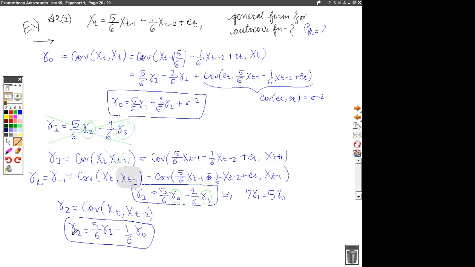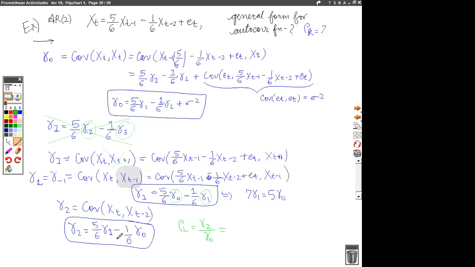And if I know that, let me just write it there. So if I have to figure out rho 2, it will just be gamma 2 upon gamma 0, right? So what I will get here is gamma 2 is what? It is just this.